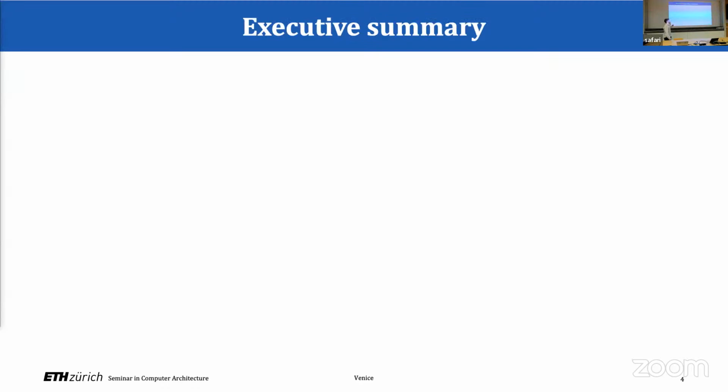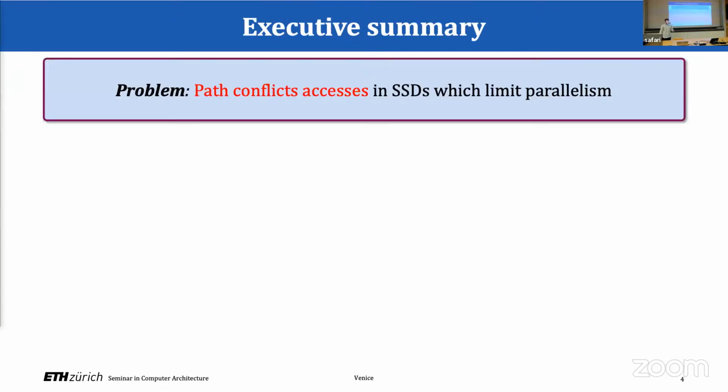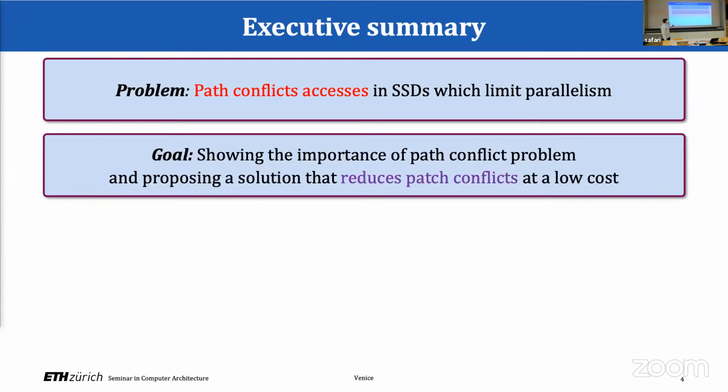So let's start with the executive summary. The problem that Venice tries to solve is the path conflict accesses in SSDs, which limit parallelism. I will talk later about what exactly a path conflict is. The goal of the paper is to show the impact of path conflicts on performance, and then provide a solution that reduces path conflicts at a low cost.